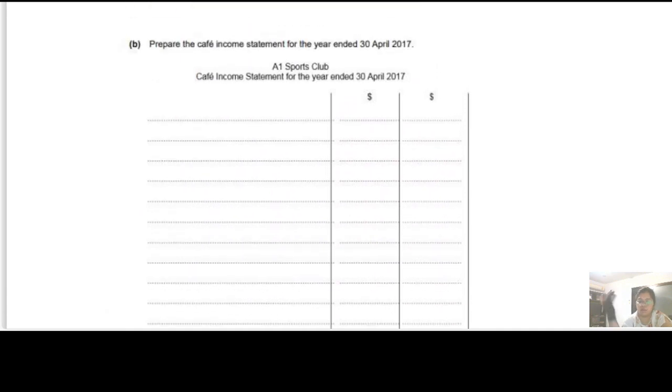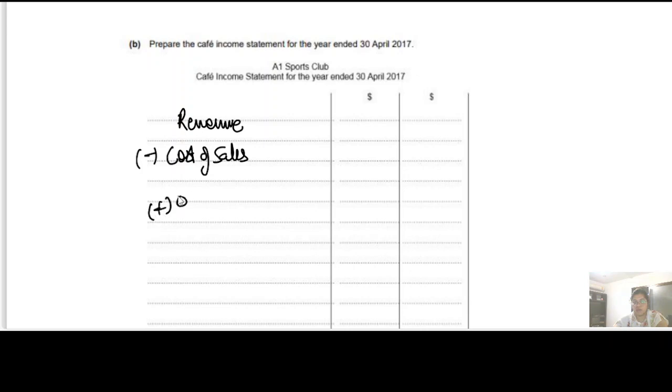Income statement is very easy. First of all, you have to record your revenue. Then from revenue you have to deduct cost of sales, which is opening stock plus purchases minus closing stock.